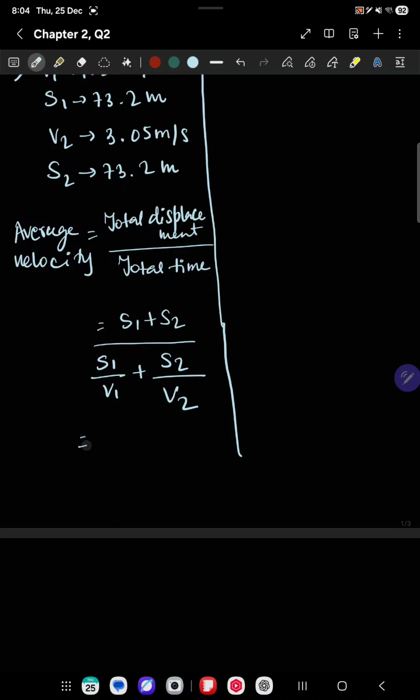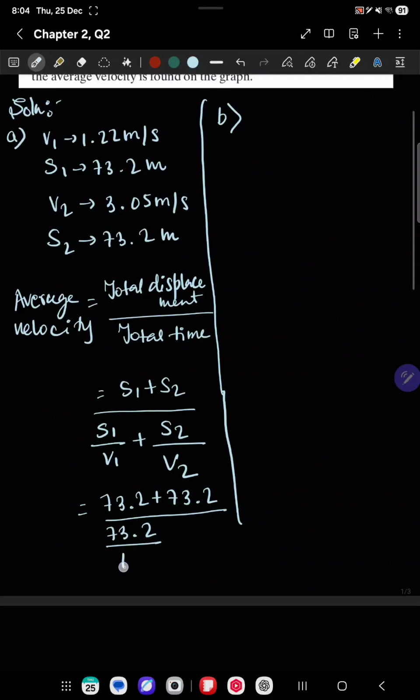Okay, so after putting the values we will get 73.2 plus 73.2 upon 73.2 upon 1.22 plus 73.2 upon 3.05.